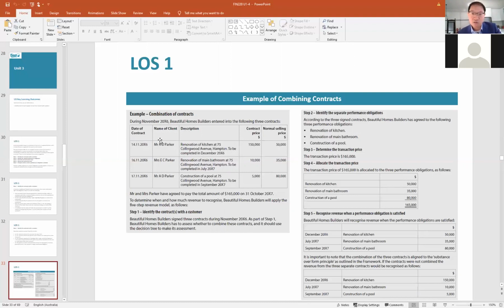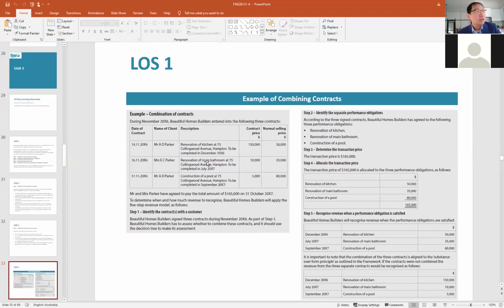Yes, they are 2 individuals, but they live in the same household. The second is that the timing of these contracts pretty much occurs at the same time. And the objective here is a renovation of a kitchen, renovation of a main bathroom, construction of a pool. The objective is really to renovate the house.